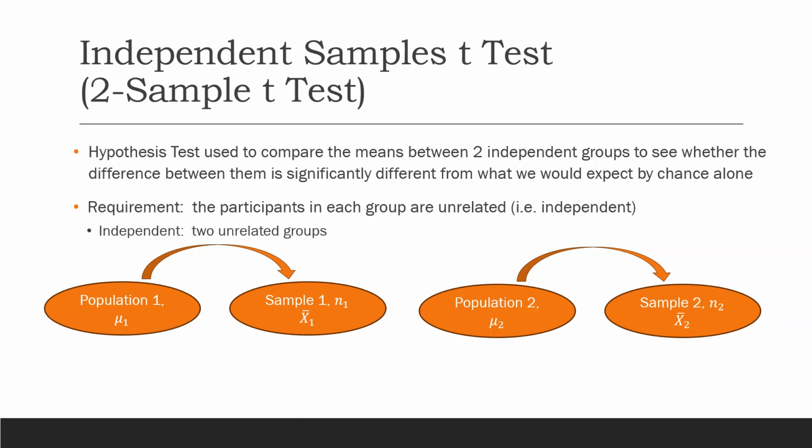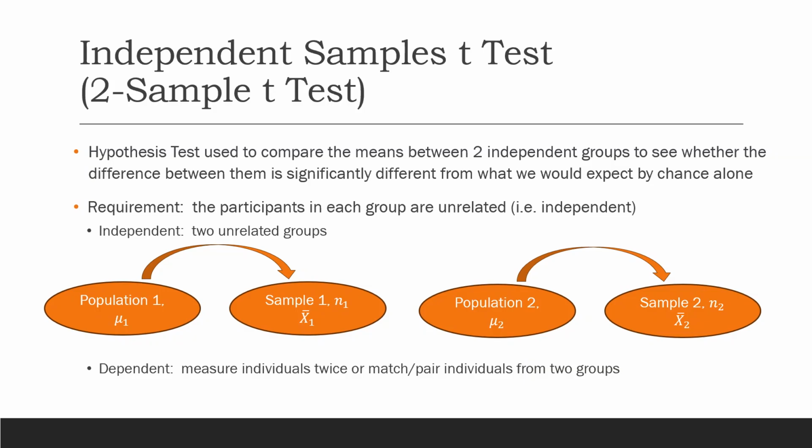There's a different test when we have dependent groups, right? We're going to have a dependent samples t-test, which will also be known as the paired samples t-test. With that type of test, it is going to be used for situations where individuals are measured twice.